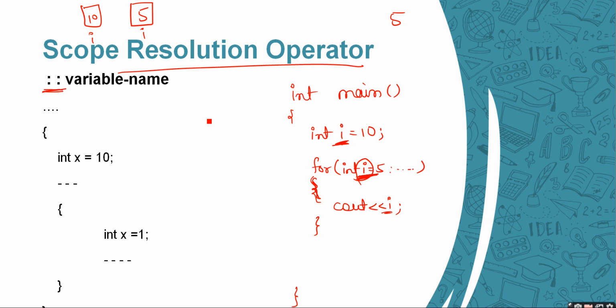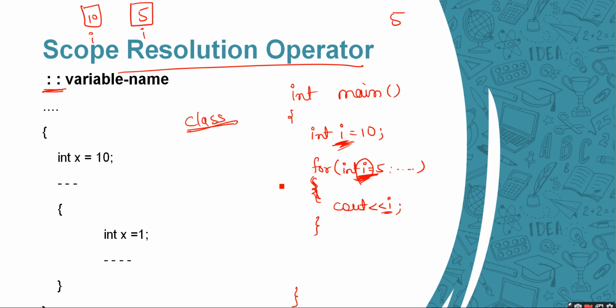We are going to see a real-time example, and we can only see it when we have learned about classes and objects. That will be easier for us at that point of time. But for now, you can think of it as a way to distinguish the variable's name, which one I want.